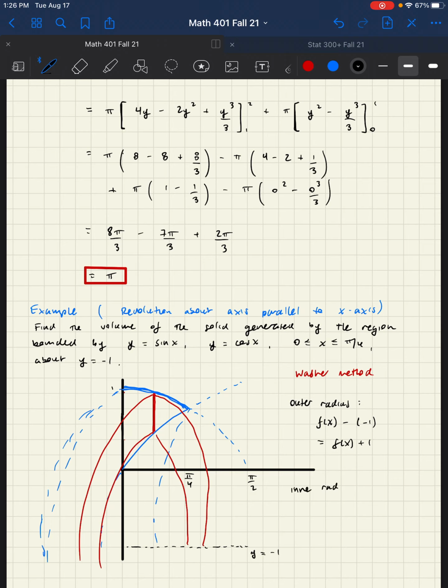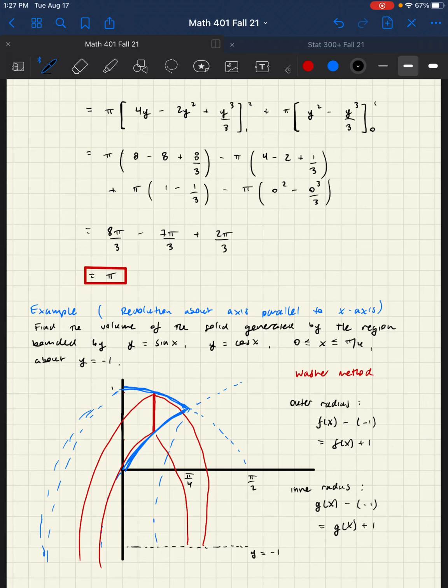Similarly, for the inner radius, the same distance, but between the lower curve and the line y equals negative 1. So that's going to be g of x minus negative 1, which is g of x plus 1.